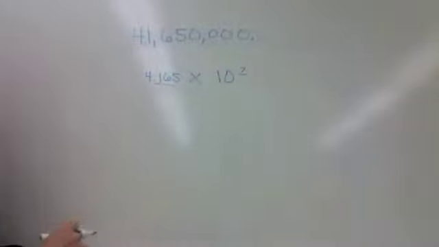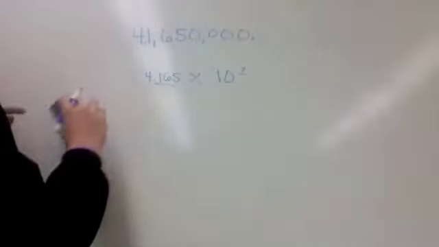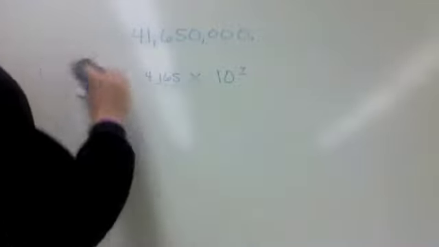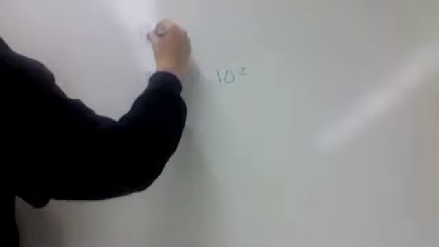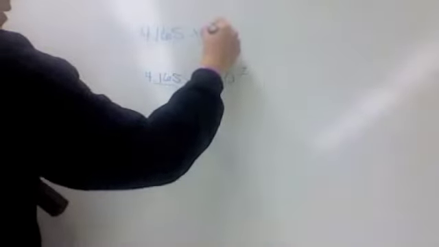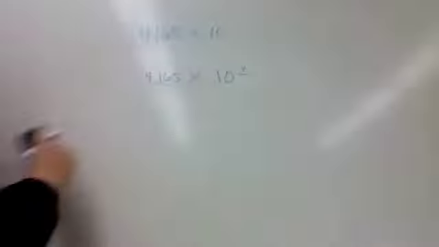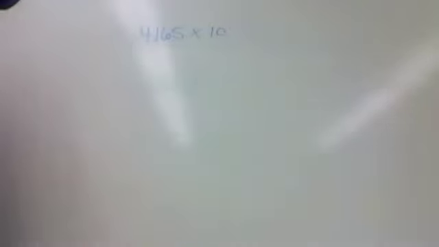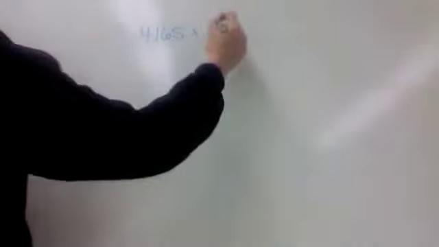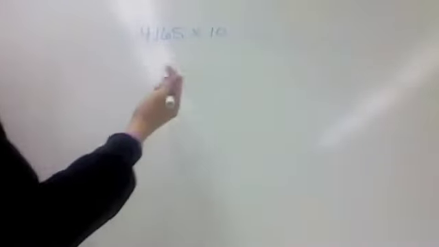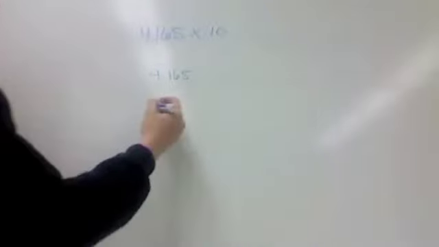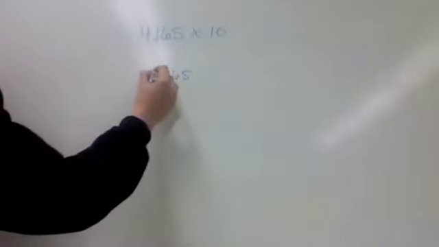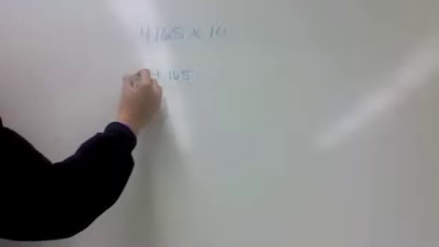Now, if we want to take that same number and go the opposite direction, let's take our 4.165 and see what happens. We're actually going to get a negative power. Let's go 7 places, for example. We're going to take 4.165 and move it back 7 places: 1, 2, 3, 4, 5, 6.